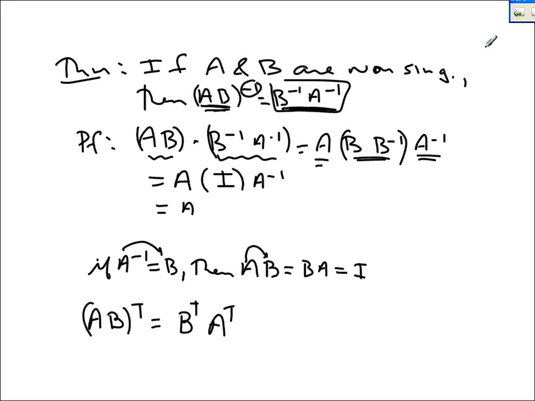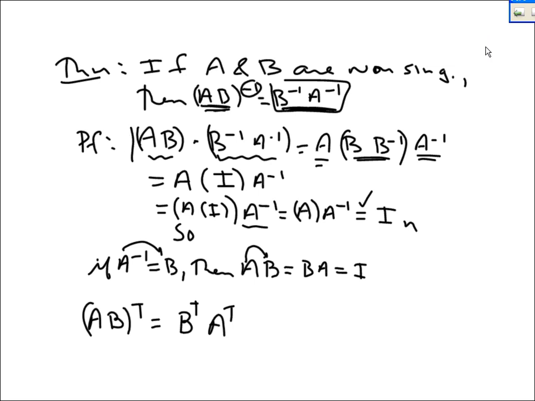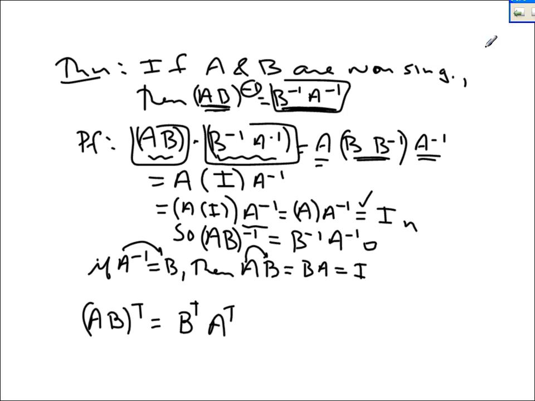Well, this is A times the identity matrix. I guess I didn't need the brackets around identity. But that's A. Inside the brackets is A. Times that with A inverse. And yes, you get the identity. So the inverse of that matrix, AB inverse, is equal to B inverse A inverse.